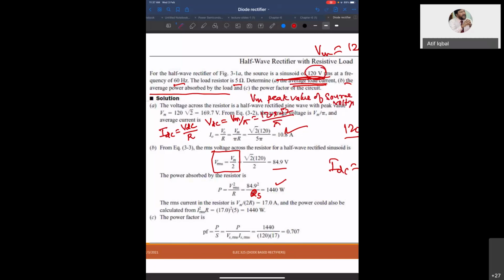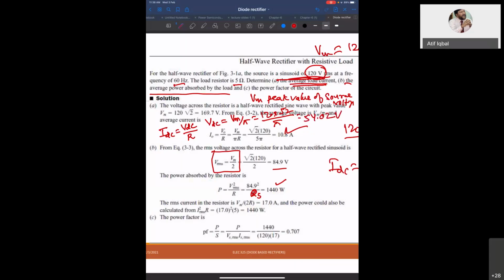So how much is this average DC voltage? Let us check. 120 into root 2 is 169.7, divided by pi. It is 54.02 volt.